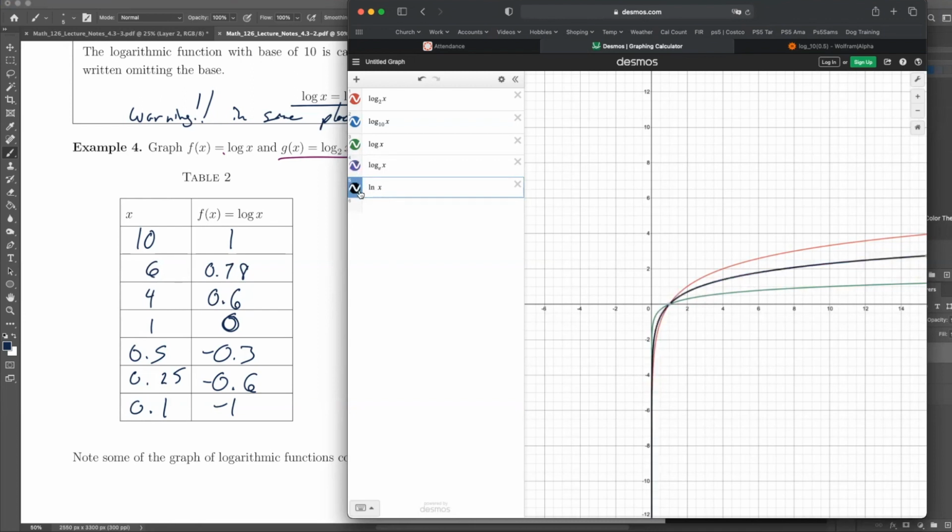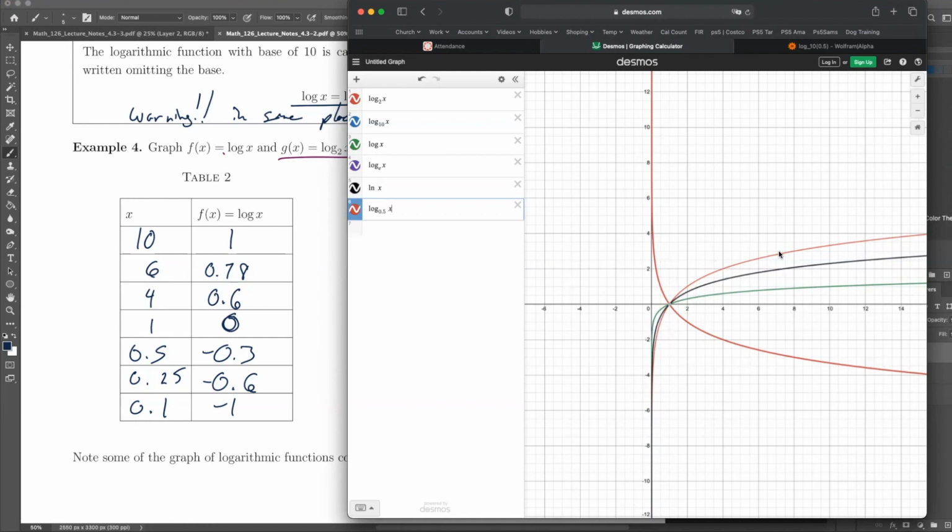All right. The other one I haven't shown you is when we have log base 0.5 of x, it flips upside down. Kind of like when we had the powers would flip upside down, this flips upside down.